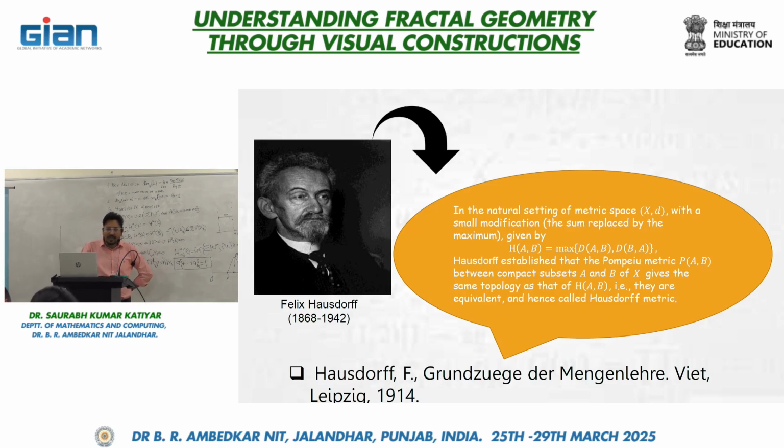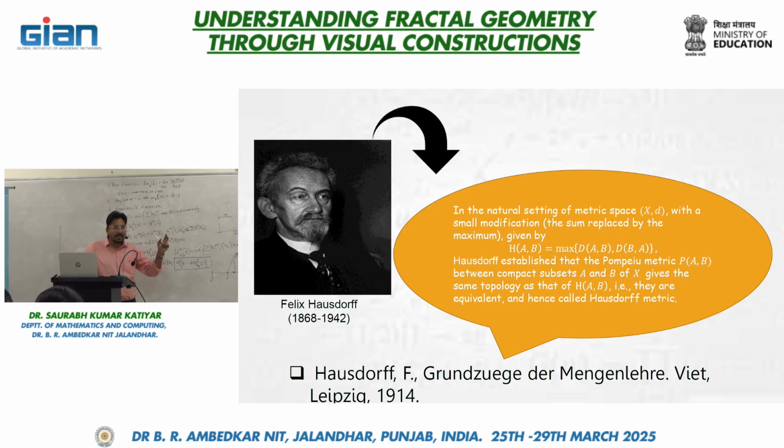Then after that Felix Hausdorff came, and he gave one statement. In the natural setting of a metric space S comma D, with a small modification, the sum is replaced by the maximum. Like in Pompeo, what has he taken? Capital D of E1 comma E2 plus D of E2 comma E1. And now what is Hausdorff doing?